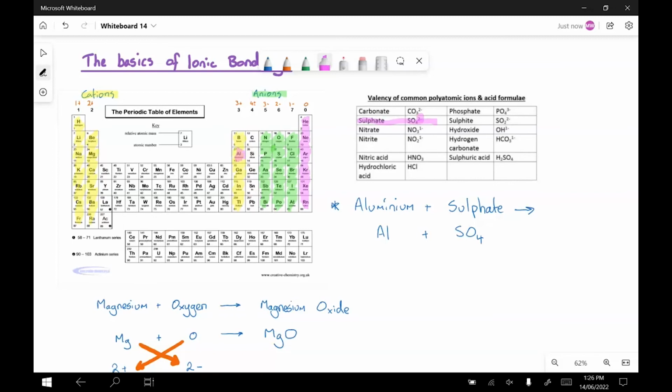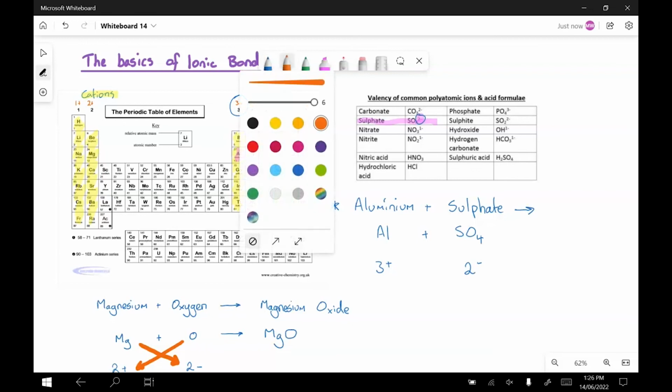So just like in the first example, aluminium wants to make 3 bonds, okay? Remember we got that from those notes that we'd made. And sulfate wants to make 2 bonds. And we got that from the valency table up here.